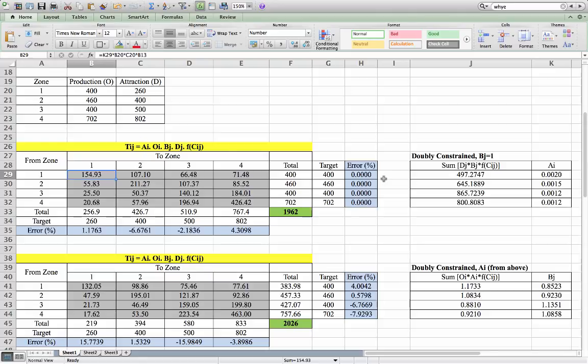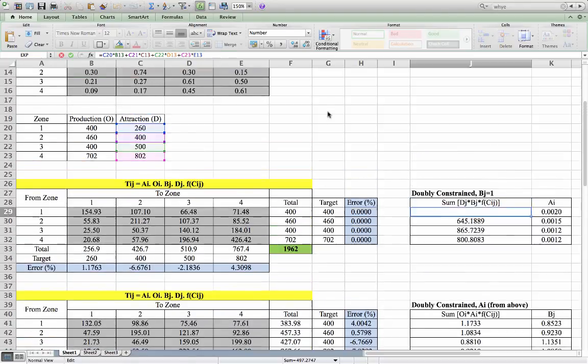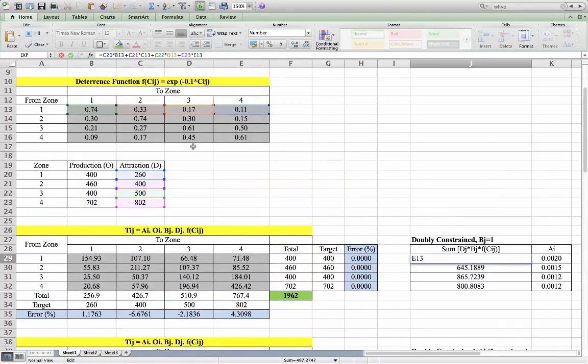For the first iteration in a doubly constrained implementation, we assume Bj equal to 1 and we calculate Ai given the formula we had in the slide, which was 1 over the sum of Dj, Bj, f(Cij). So we calculate the sum of Dj, Bj, f(Cij) here, which is shown in the Excel file.